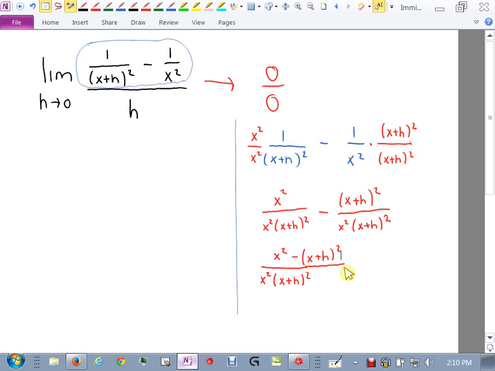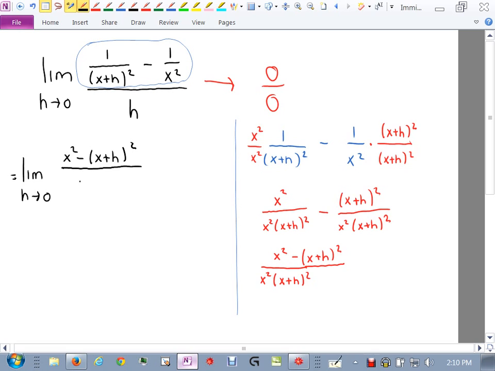All right, let me go back to the limit then and just write it down. I have limit h goes to 0. What am I hoping is going to cancel at some point here? H, right? So I have x squared minus x plus h squared over the common denominator, x squared, x plus h squared, all of this over h.